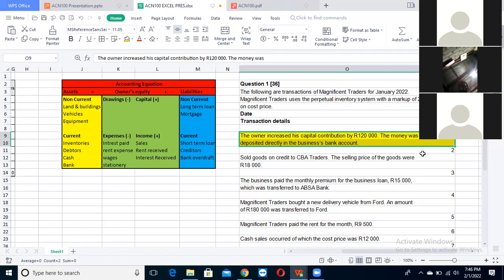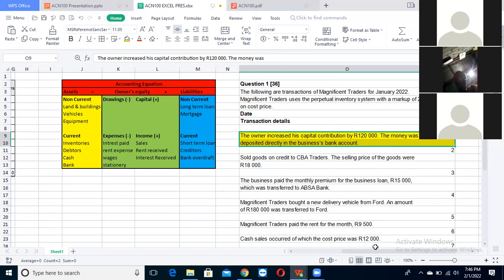I have said that the moment we are given a transaction, we want to know which two accounts are involved, because for every transaction, there are two accounts involved. For us to know which two accounts are involved, we want to see where the money is coming from and where the money is going to.